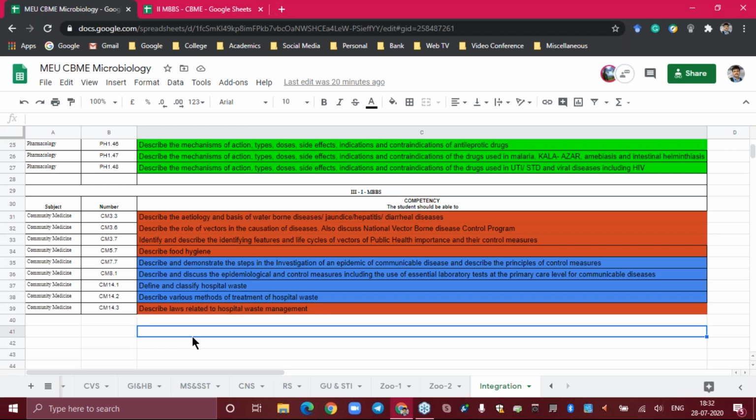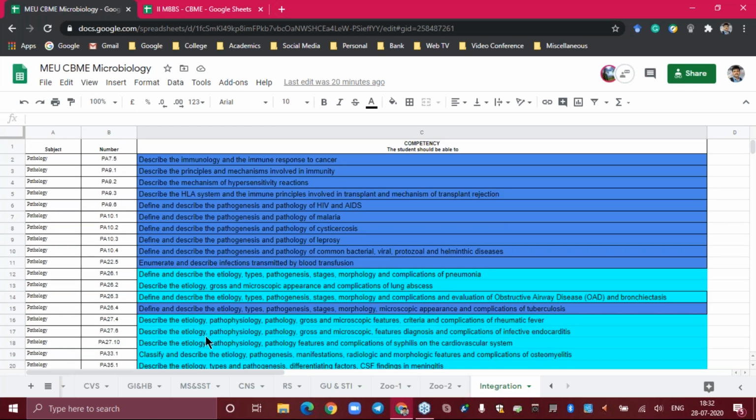And then another thing, as discussed in our integration, you need to devise some clinical cases, right? Clinical cases should be used as a linker. For example, if we are teaching about tetanus, and if we prepare case-based learning of tetanus, don't worry about pharmacology and pathology, because the same case will be there in pharmacology and the same case will be there in pathology.